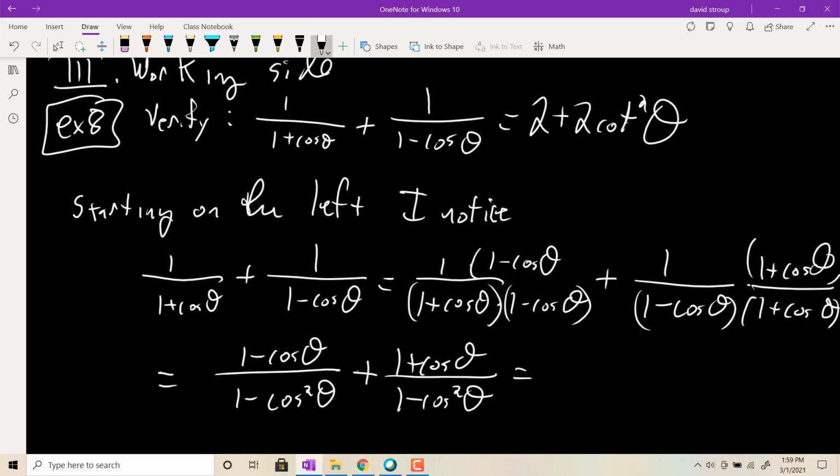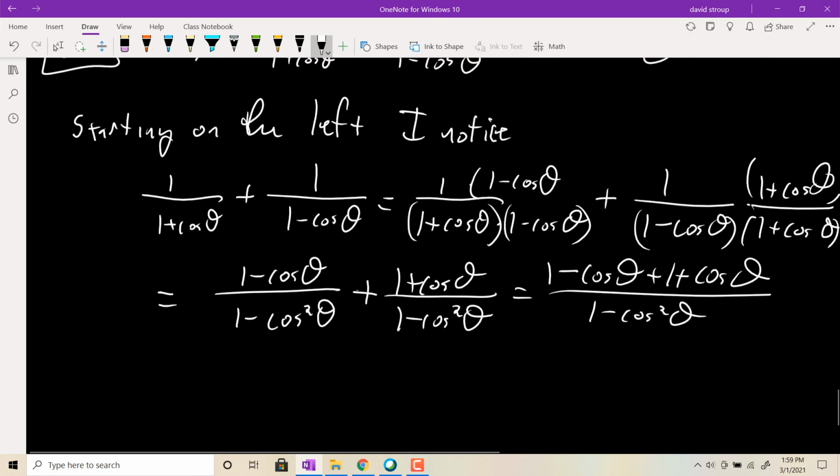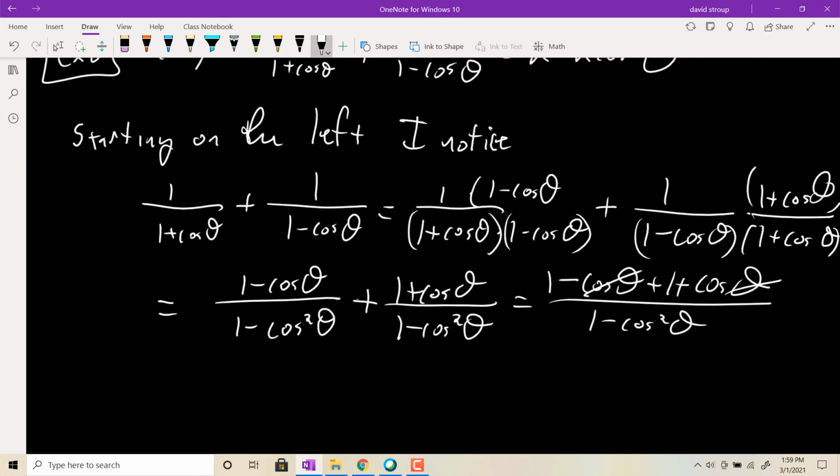Combine the numerators over the common denominator: 1 minus cosine theta plus 1 plus cosine theta all over 1 minus cosine squared theta. And then the cosines will cancel, and you'll have 1 plus 1, which is 2, all over 1 minus cosine squared theta.